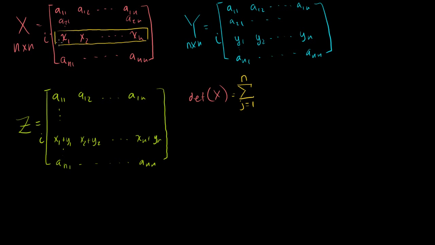And then remember our checkerboard pattern, so we don't know if this is positive or negative, but we can figure it out by taking negative 1 to the i plus j. Remember, this is the ith row that we're talking about, times xj. xj is the coefficient, x sub j, times the determinant of the submatrix for x sub j. So if you get rid of this row and this column, what is it going to be?